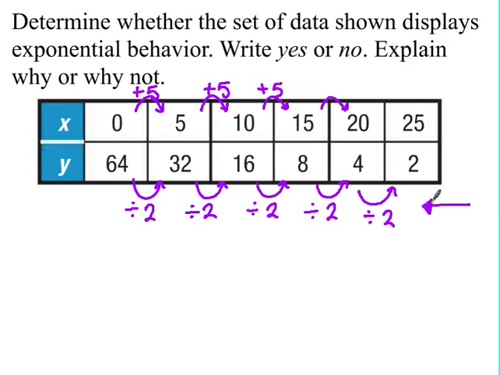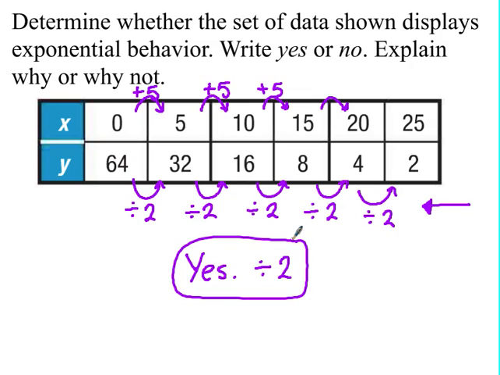So based on what I just told you, would this display exponential behavior? Yes, because I'm dividing by 2. You could just write that. That tells me that you understand that multiplying or dividing displays the exponential behavior.